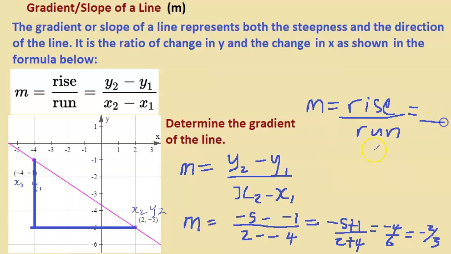So the run is really the base of the triangle here. So you're moving from -4 to 2. From -4 to here, the distance is 4. And then from here to here, the distance is 2. So that's 6, right? So 4 and then 2 more, so that's 6.